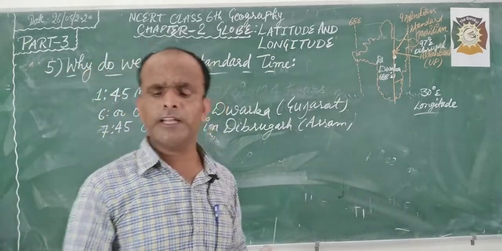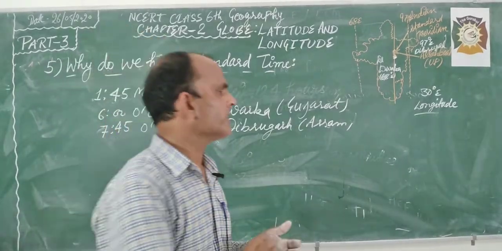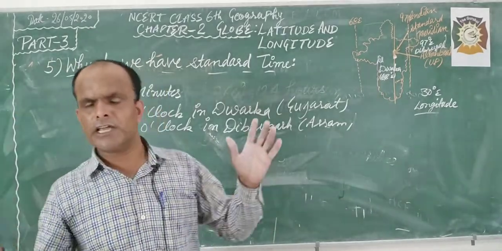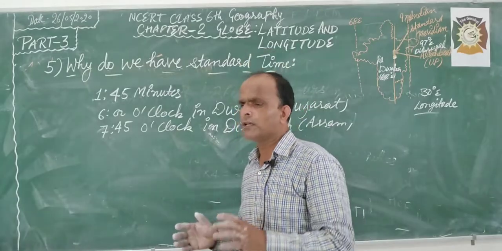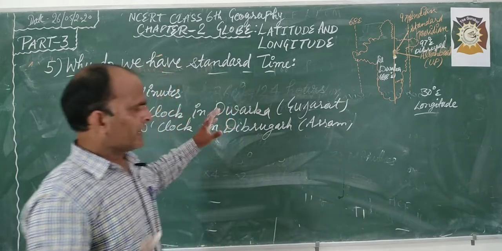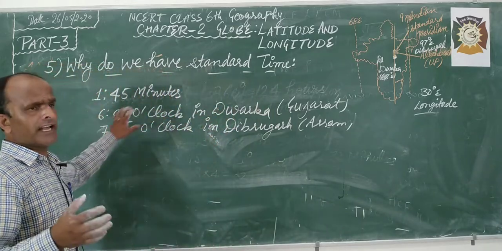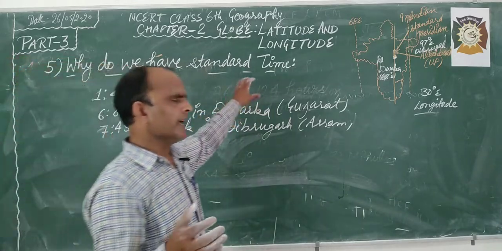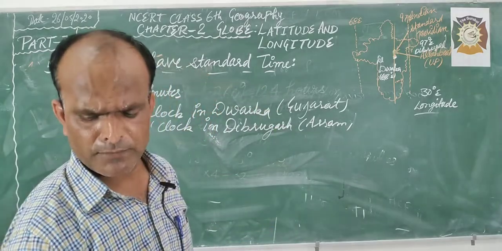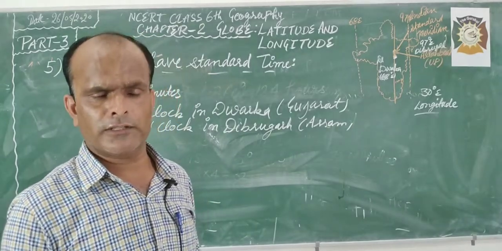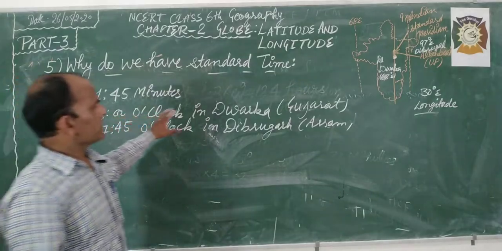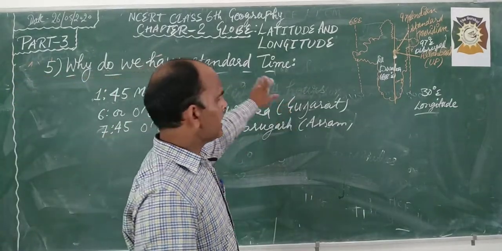Like Russia, this country has created 11 time zones, 11 standard times, because it has a greater geographical extent. So that's why this country has created 11 zones in a single country, that is Russia.